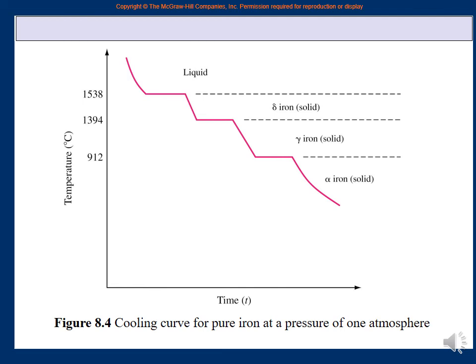Because this is now not pure material. A mixture is two or more materials mixed together. And then we were talking of the cooling curves of pure materials. In normal pure materials, there will be one horizontal line from liquid to solid, but in things like iron, there will be several cooling lines, right?